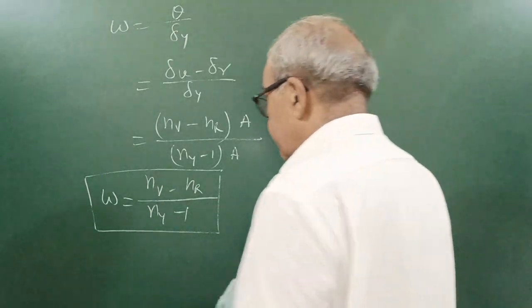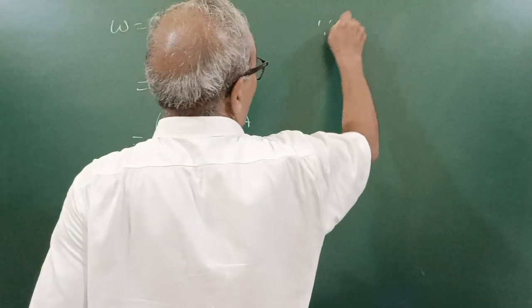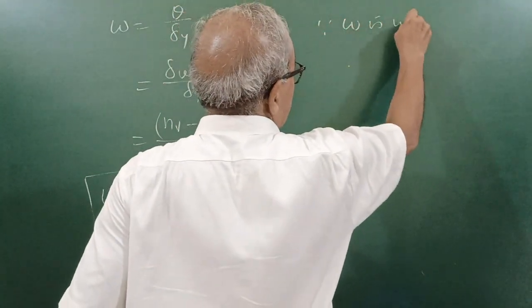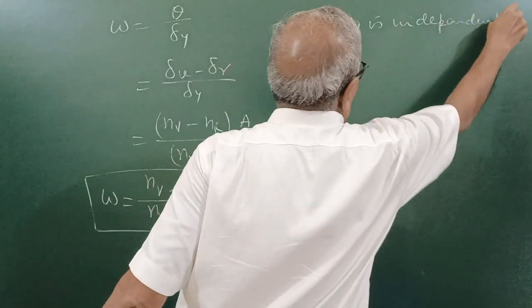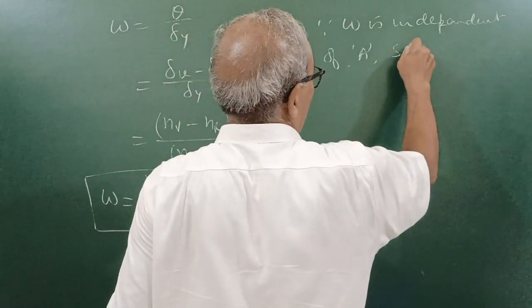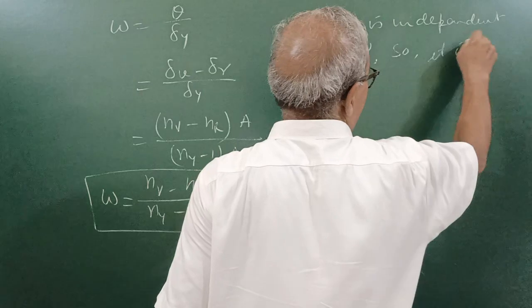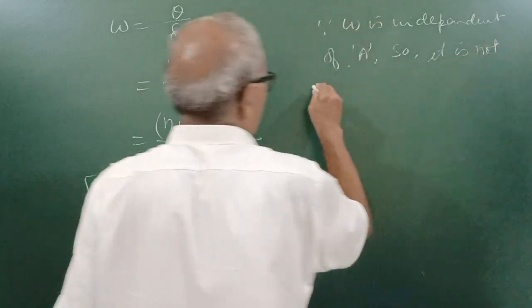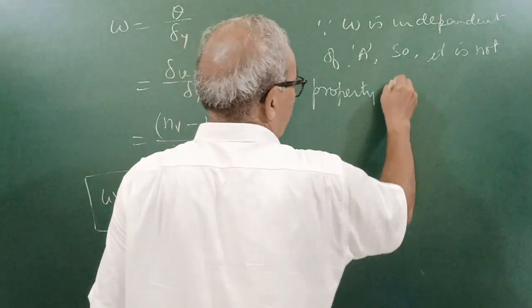It is the property of the material of the prism. You can write here: since omega is independent of angle A, it is not a property of the prism.